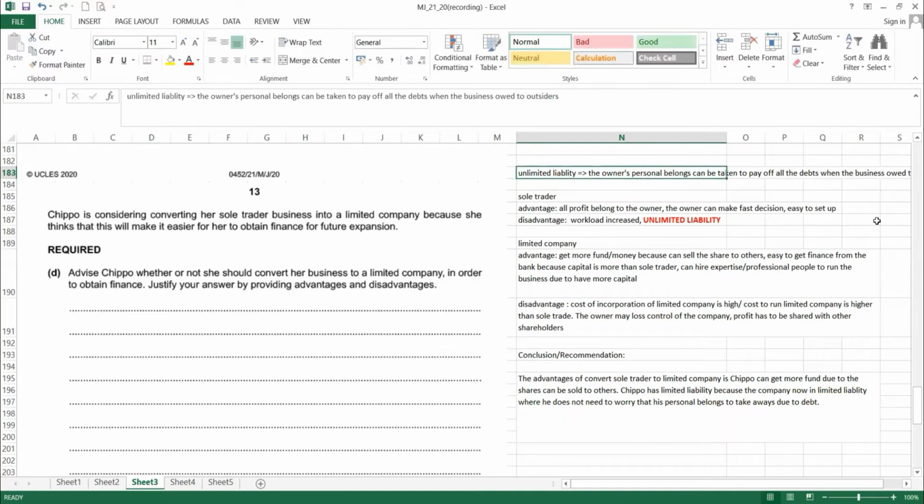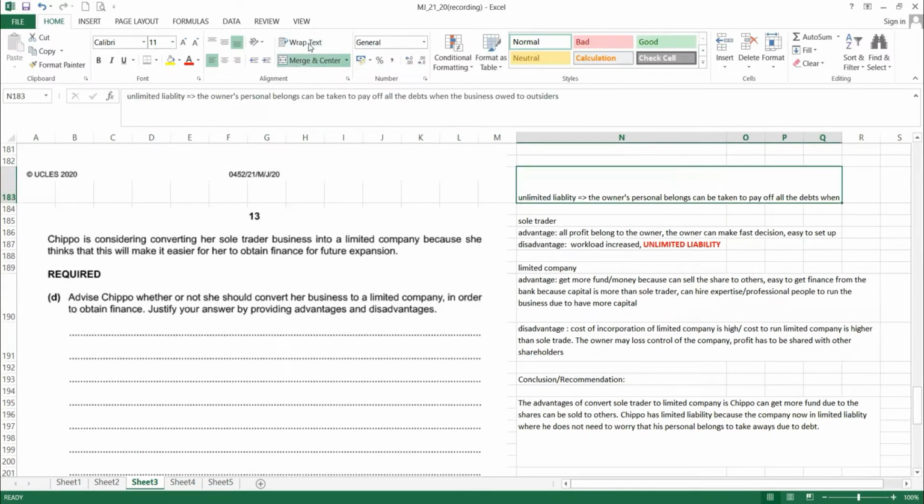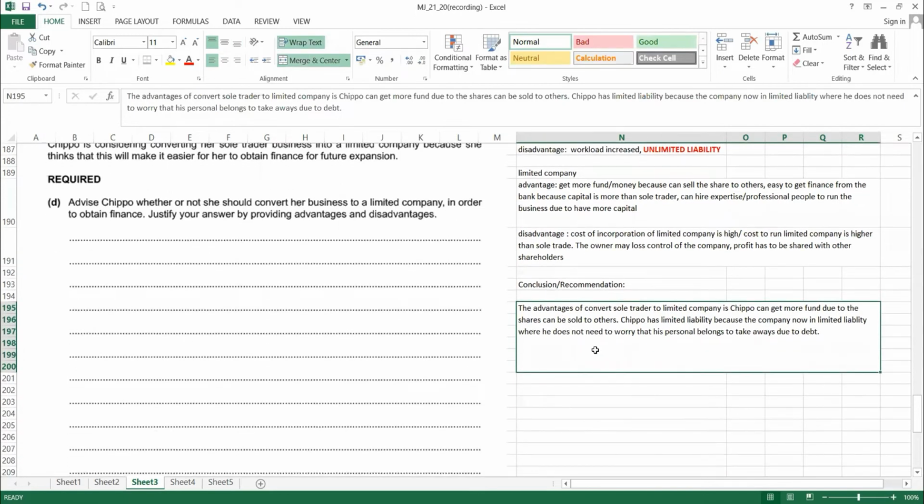So that is about the unlimited liability. Okay, next. So now when he formed this company, he doesn't need to worry that his personal belongings will be taken away due to the debt anymore. Okay, next, move on.